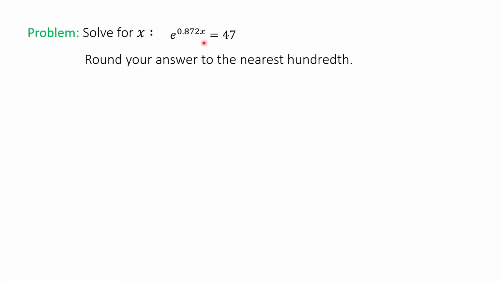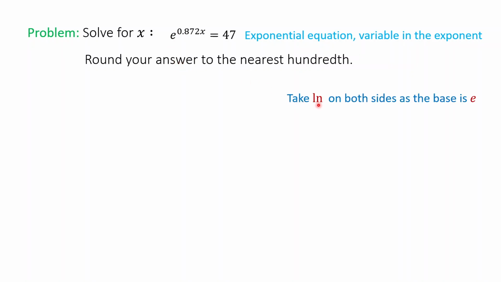Now I am going to solve this equation. This is also an exponential equation with a variable in the exponent. To solve this, you need to bring this exponent down. For that, you need to take log on both sides. But here the base is e. So you take ln on both sides. Ln is the natural logarithm.